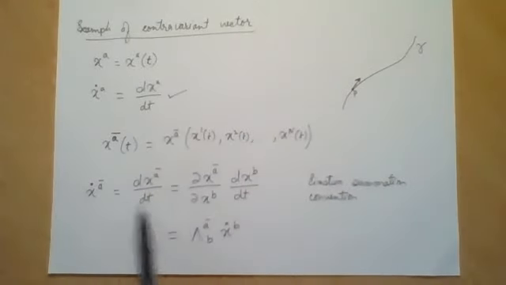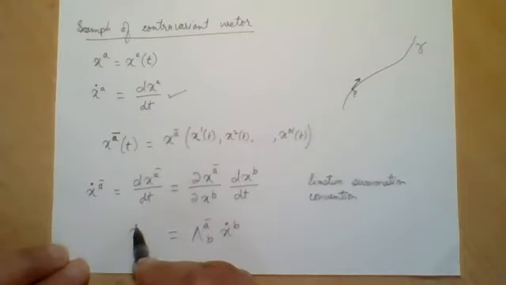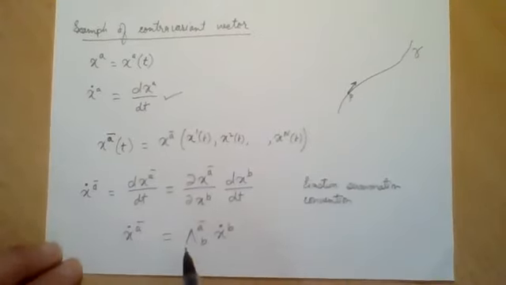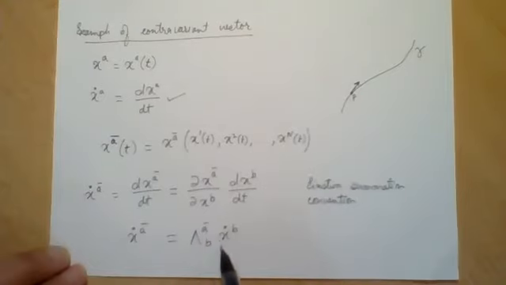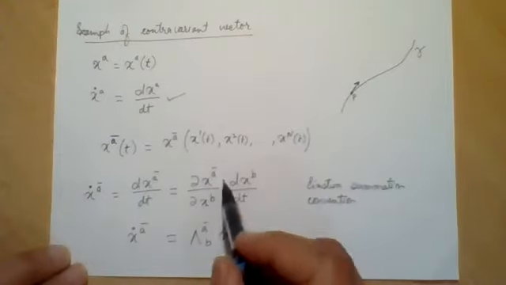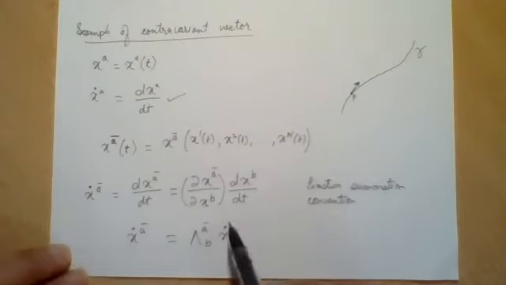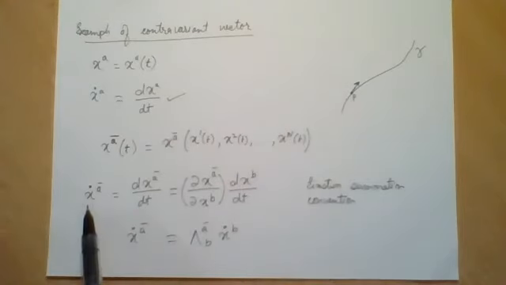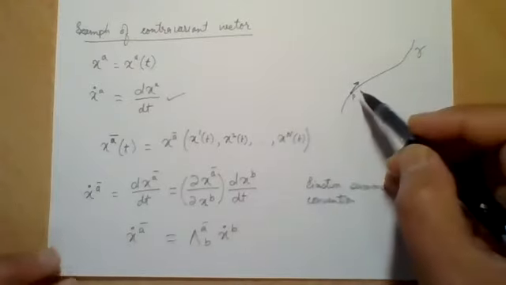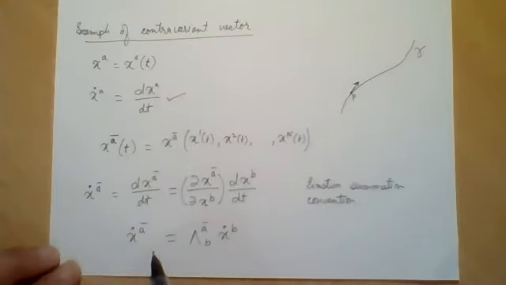So x a bar dot is equal to gamma a bar b times x dot b. It follows the same transformation rule. Therefore, dx by dt, the tangent vector to this curve, is an example of a contravariant vector.